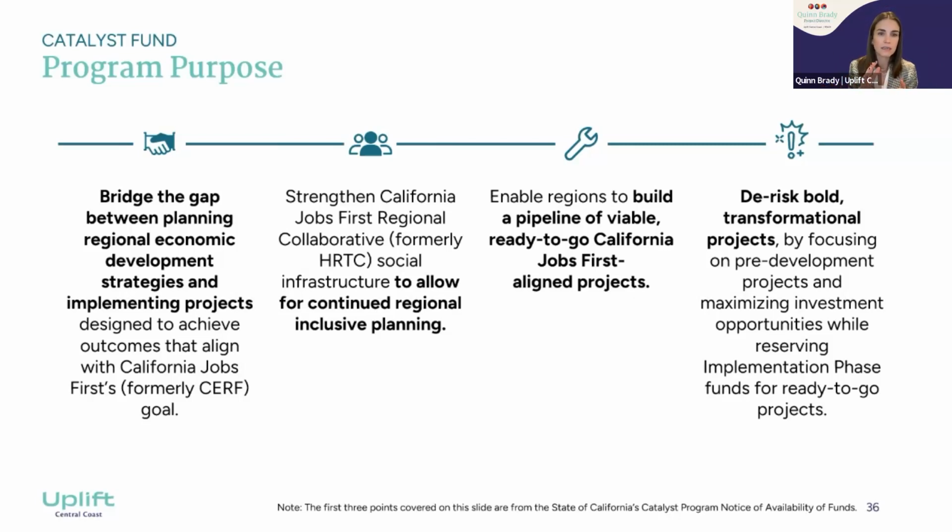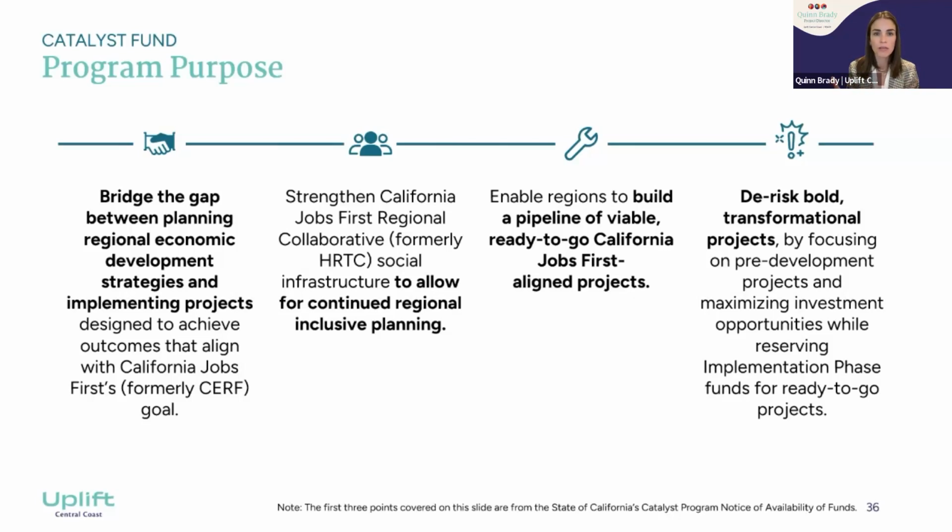And the Jobs First Collaborative is really trying to help build this social infrastructure to continue this work that we're doing, this regional inclusive planning and bringing the tables together of our committees to make decisions collaboratively and really dream up and bring to life the vision for our future.